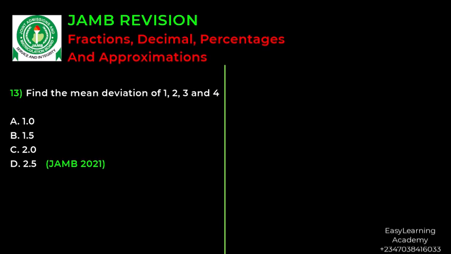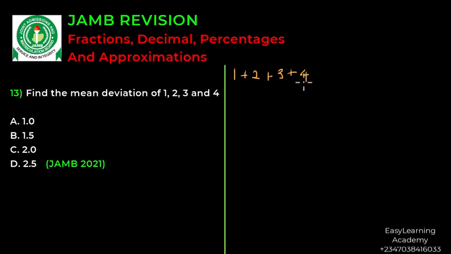So I want to believe you've gotten your answer, so let's compare. The first thing we're going to do is to find the mean. Remember, there's a difference between mean and mean deviation. So first, let's have the mean. For us to have the mean, we're going to add up everything that we have here: 1 plus 2 plus 3 plus 4.